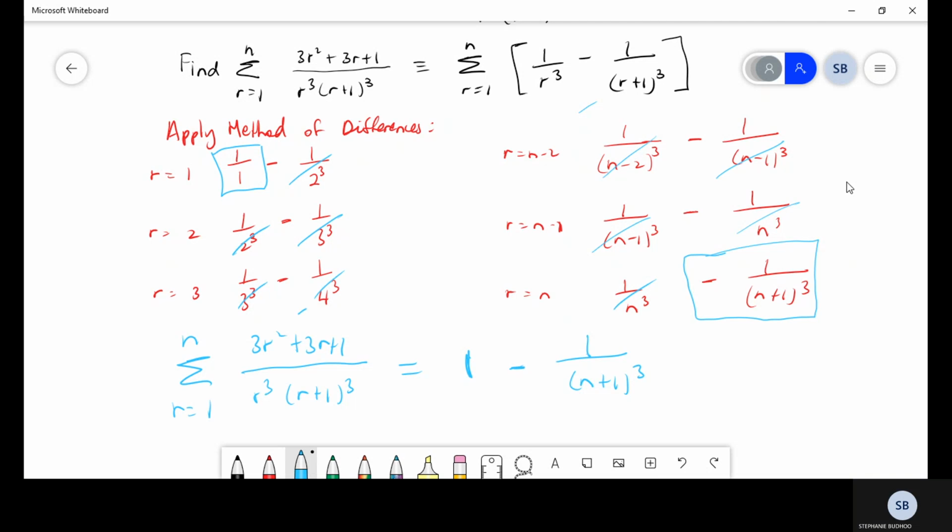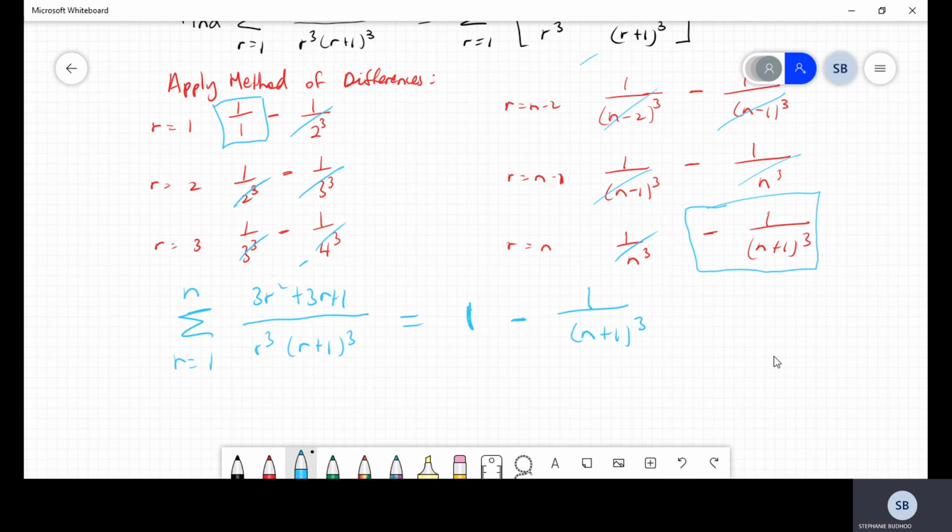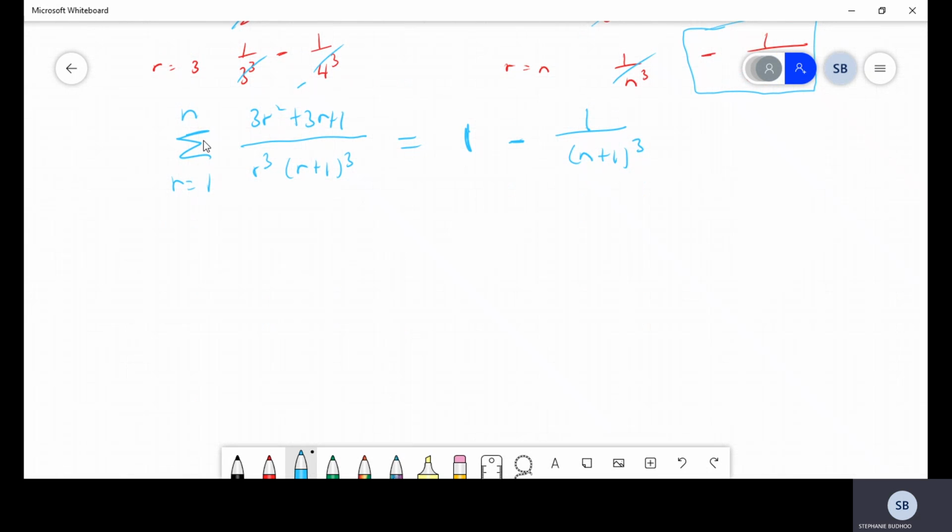Now, what if the question asked us another part? So you were able to successfully use method of differences to find the sum. Now, what if they ask us to find s to infinity and determine if it converges or diverges?